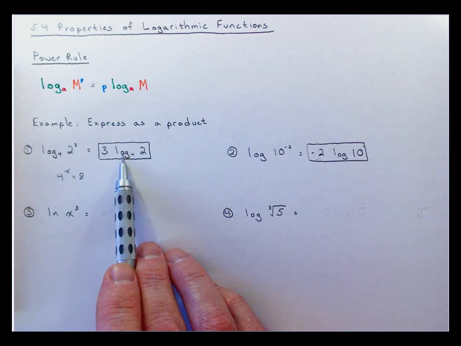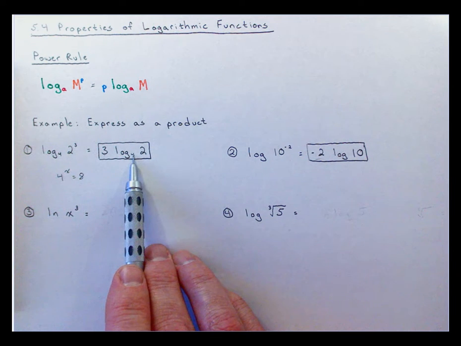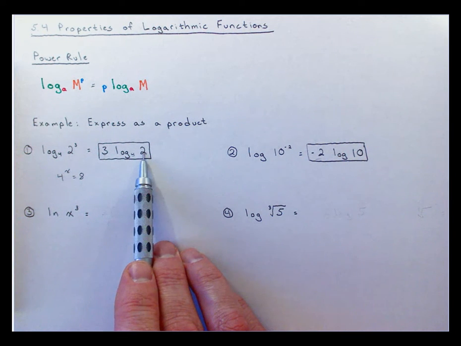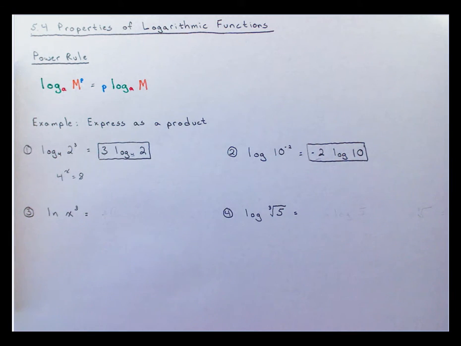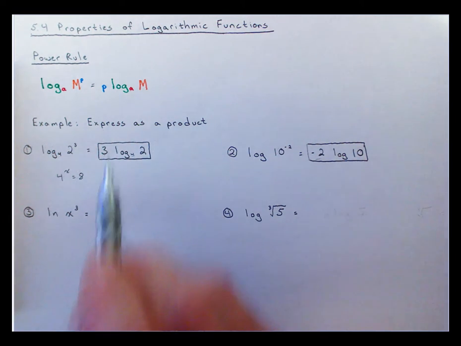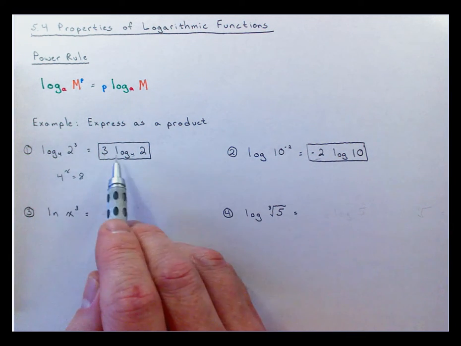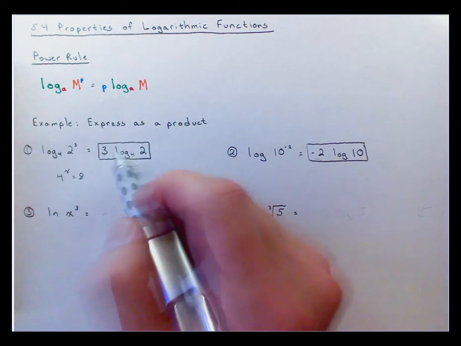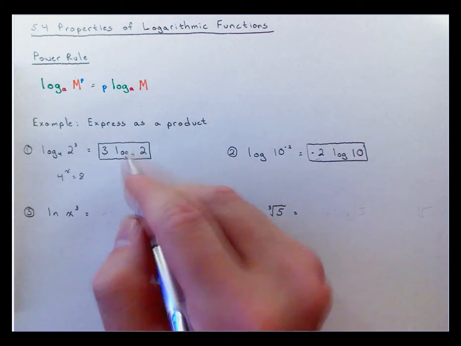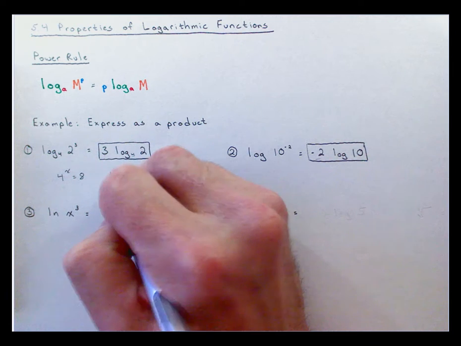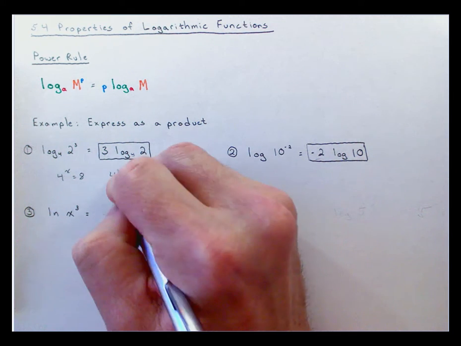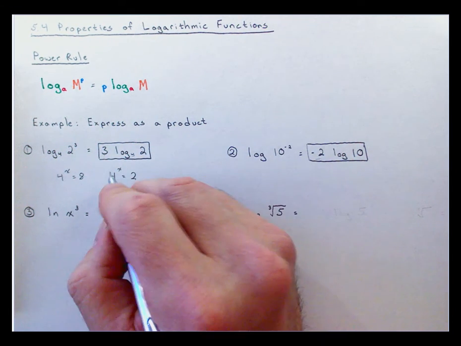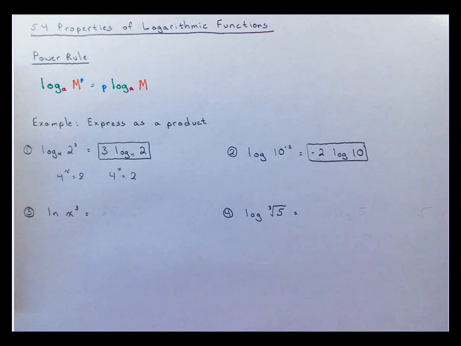That is 3 times log base 4 of 2. So what I'm saying here is that my base is 4, and it needs to equal some exponential power. And then once I find that, everything times 3.